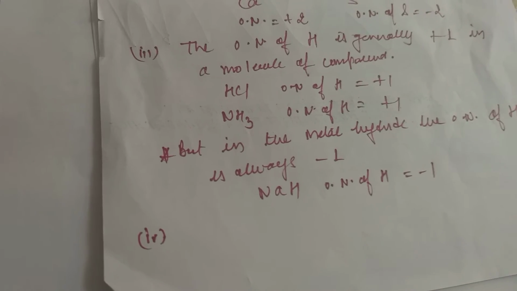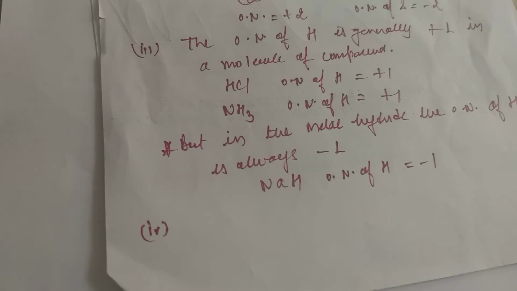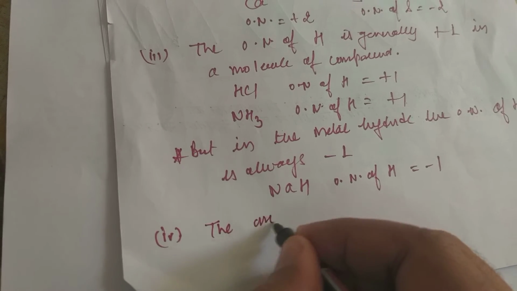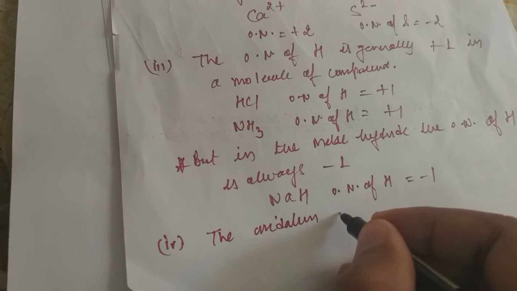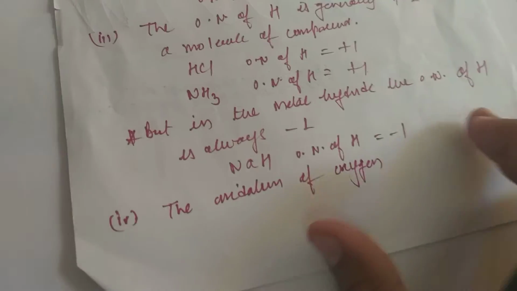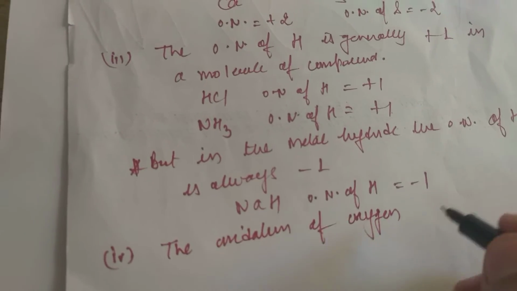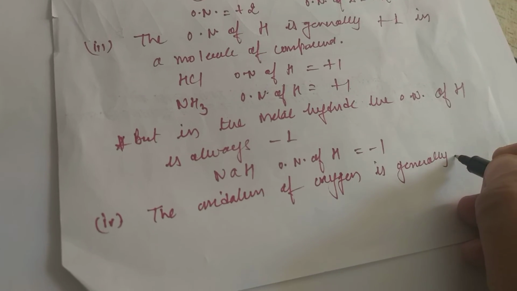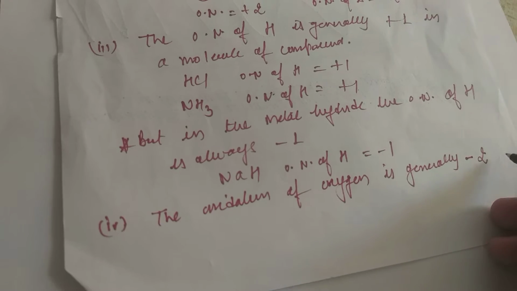Fourth, the oxidation number of oxygen is generally -2.